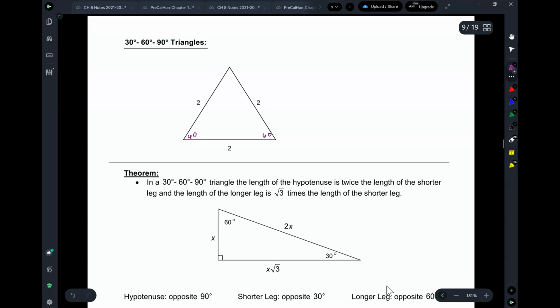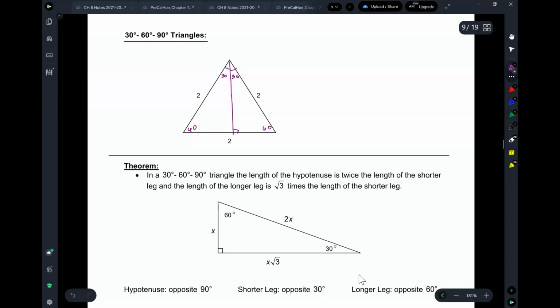We're going to draw a perpendicular bisector here. Okay? So that splits the triangle into two. So now these are each congruent and they are 30 degrees.